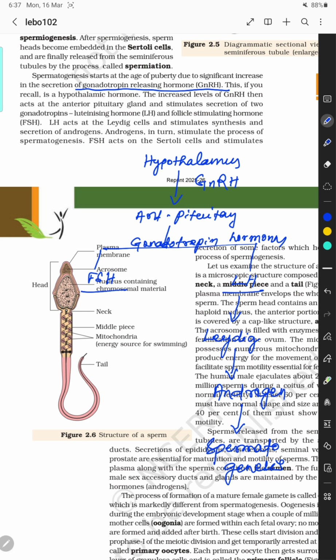Now what happens to the FSH? The FSH acts on the Sertoli cells, and it secretes some factor which helps in the process of spermatogenesis.